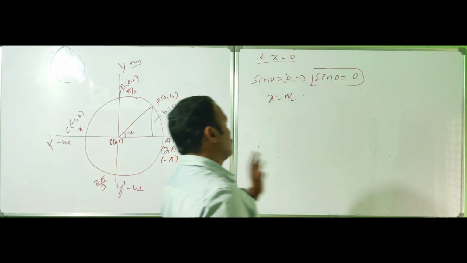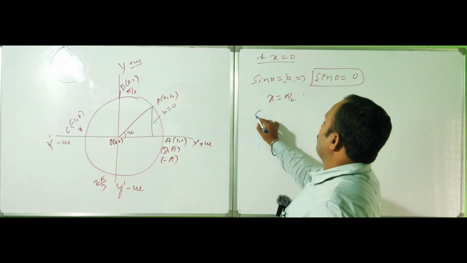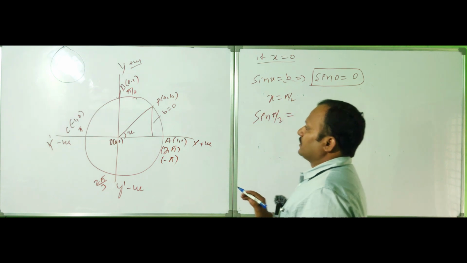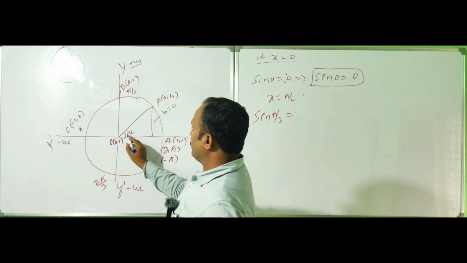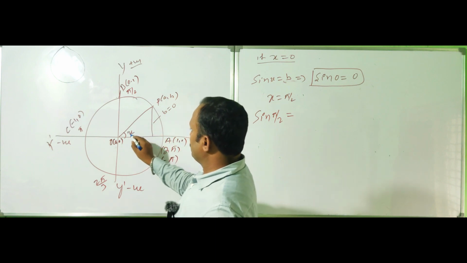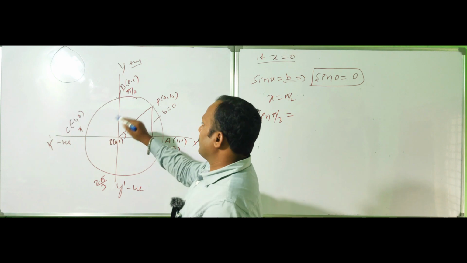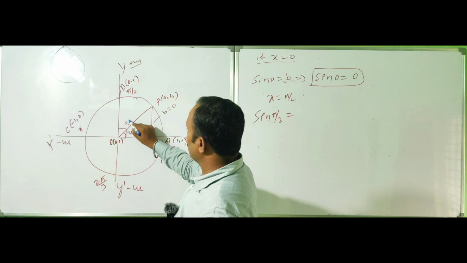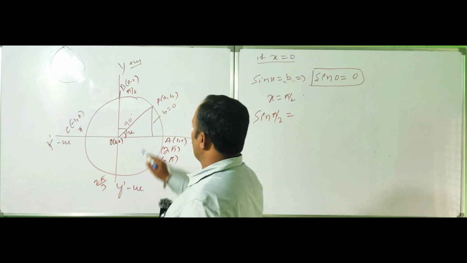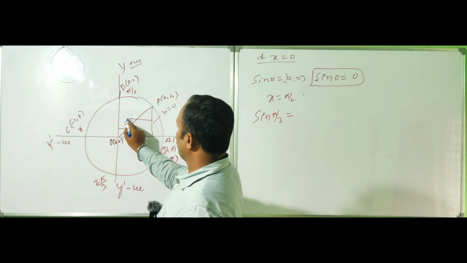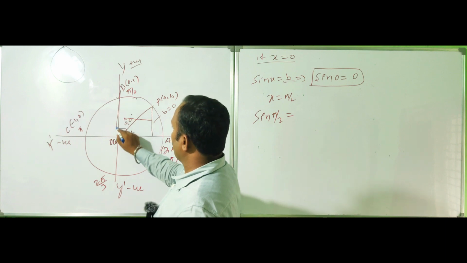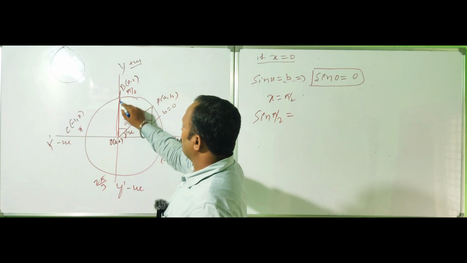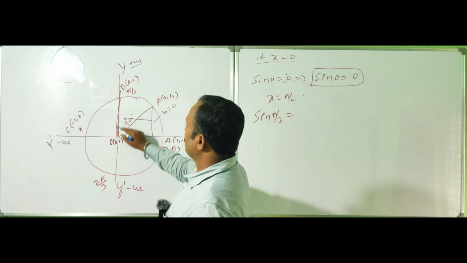Similarly, x is equal to pi by 2. So sin of pi by 2 is equal to, see, x is moving to the left side, okay sir, anti-clockwise, and this becomes completely 90 degrees here. So this line comes here and overlaps, syncs with this one.